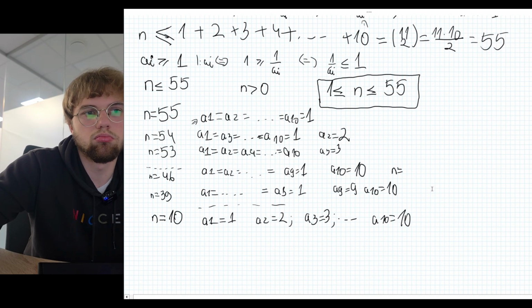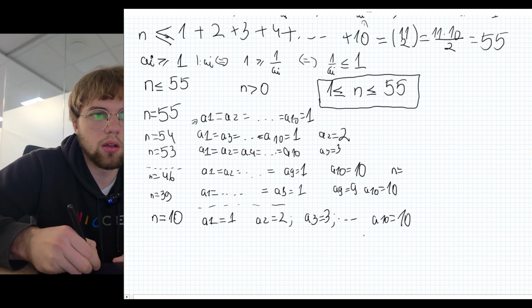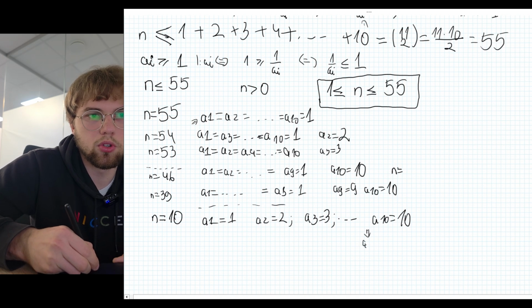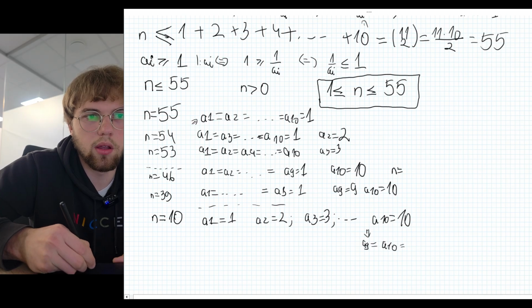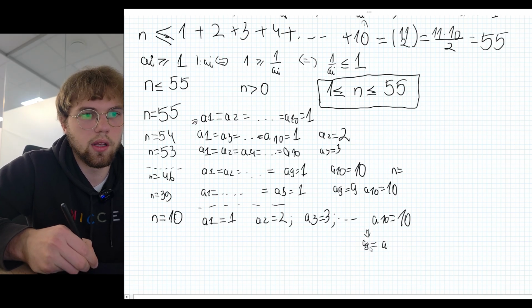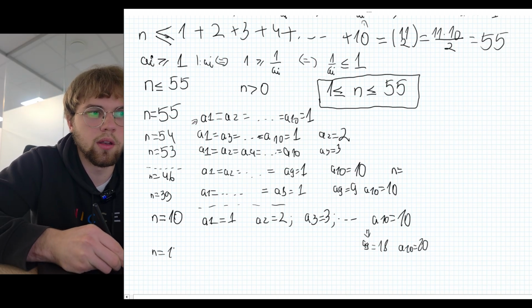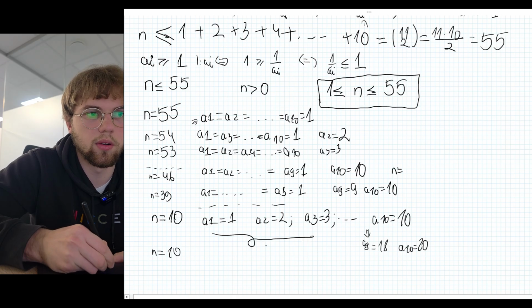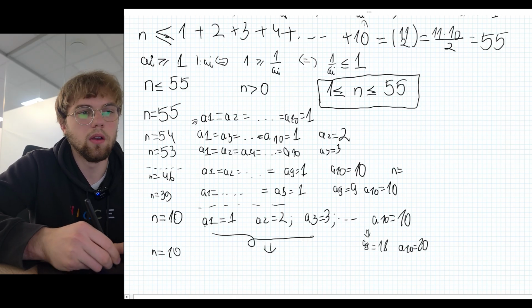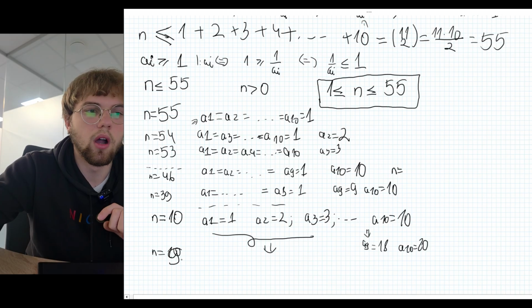And yeah, we show that if from this we choose a9 to be 18 and a10 to be 20, well, we'll get n equals 9, sorry.